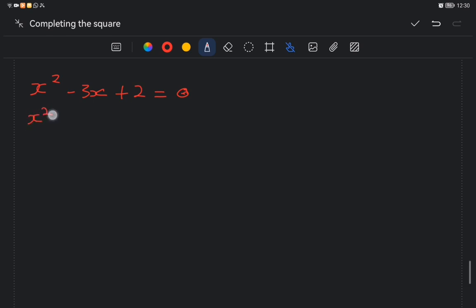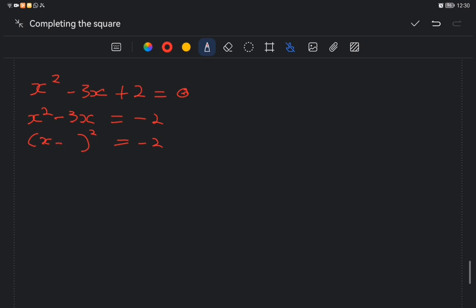So it's going to be x squared minus 3x is equivalent to negative 2. And then here we open two brackets. So it's going to be x, and square those brackets is equivalent to negative 2, because we keep what's on the right the same.